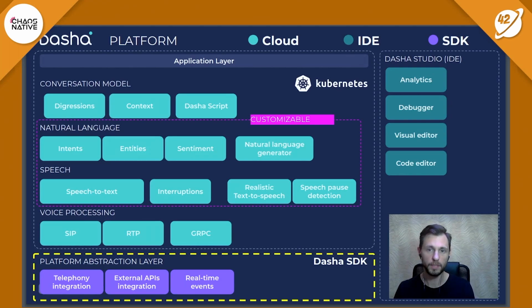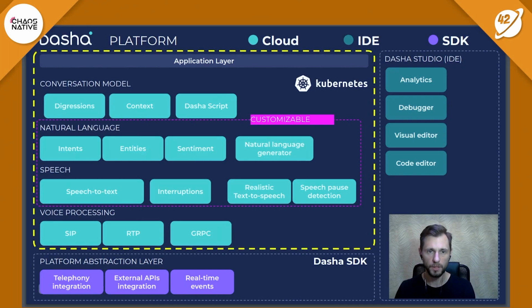And the third is the Dasha Cloud. This is the part of the whole system which gives you the AI as a service components. It lets your conversations have digressions, lets you customize intents, entities, slot filling. It provides out-of-the-box natural language generation, natural language understanding, text-to-speech, speech-to-text, all best in class, all proprietary technology.